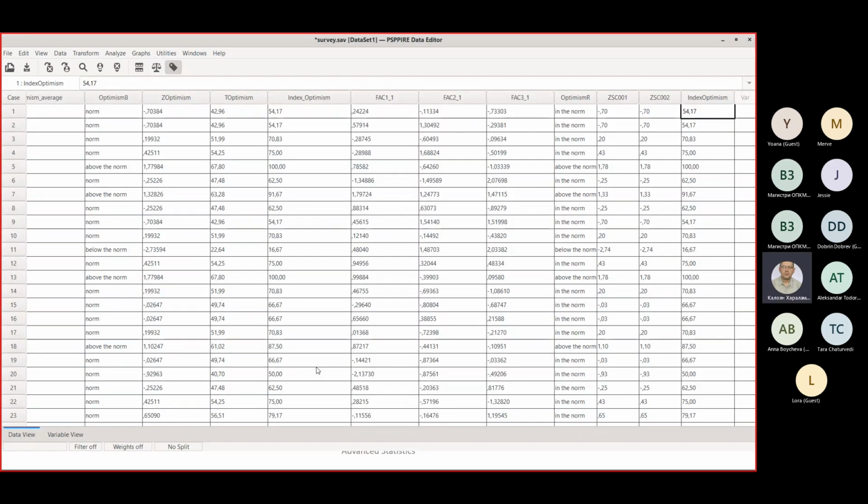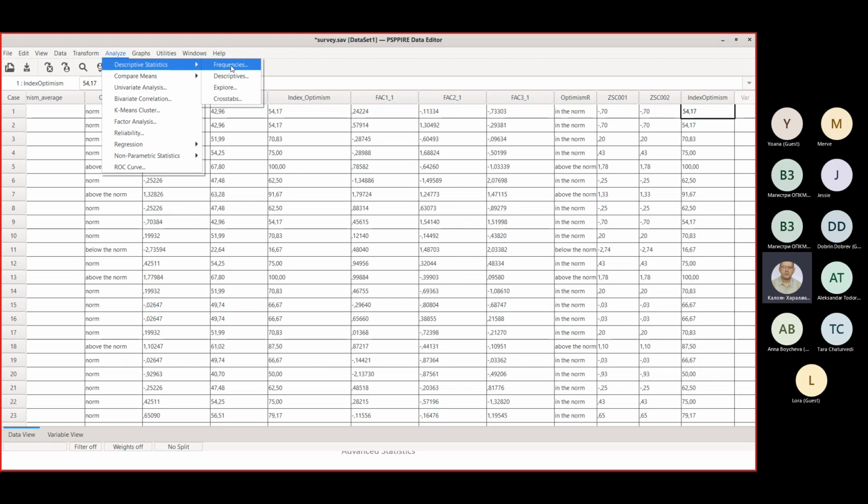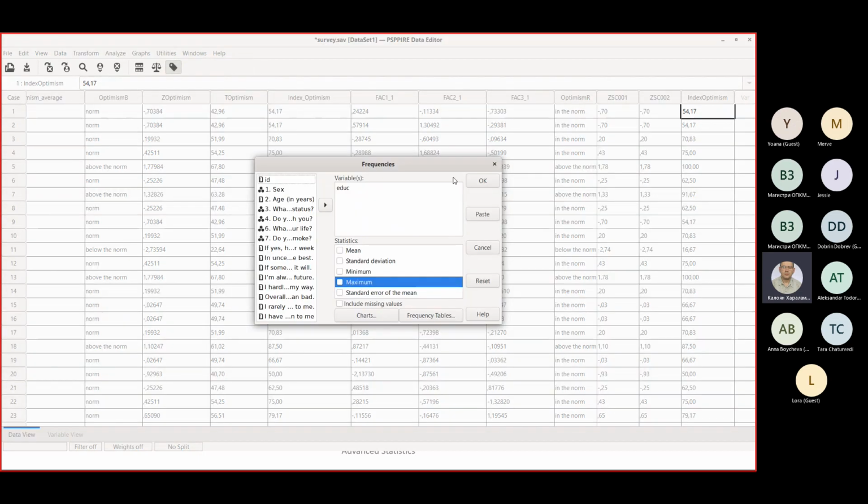I will make this analysis in PSPP. First of all, choose Analyze, Descriptive Statistics, Frequencies. Again, I will move education from right to the left, and I will move age from left to the right.